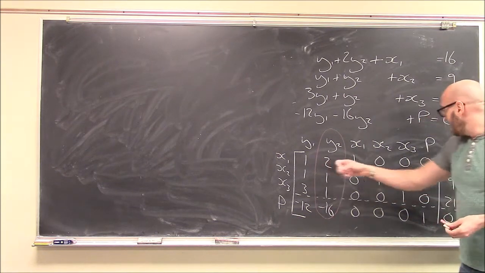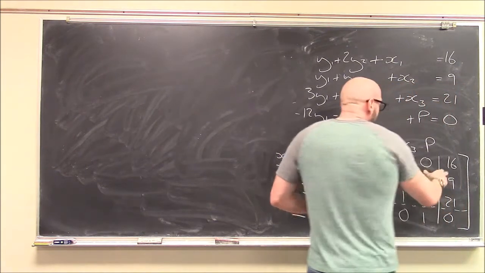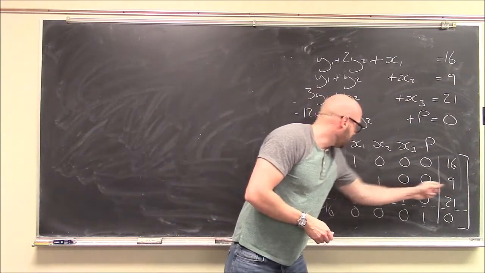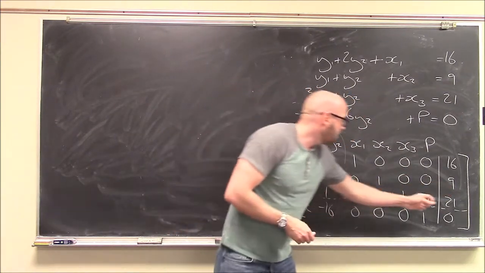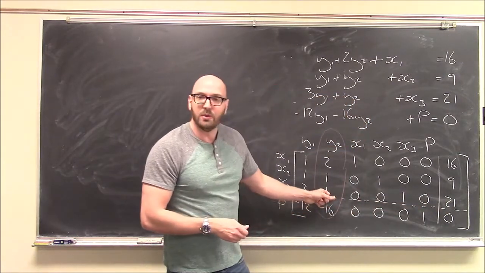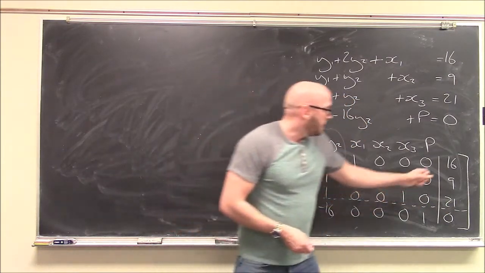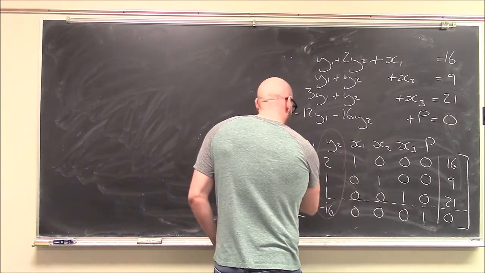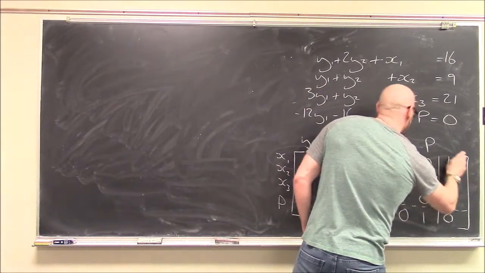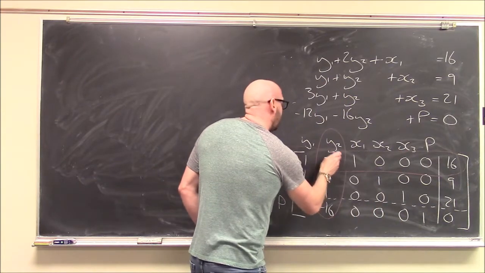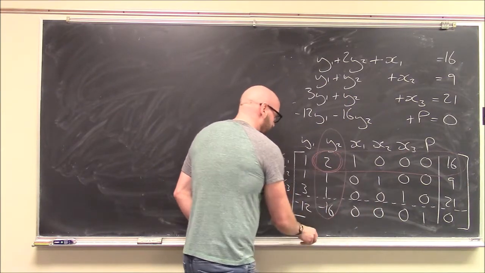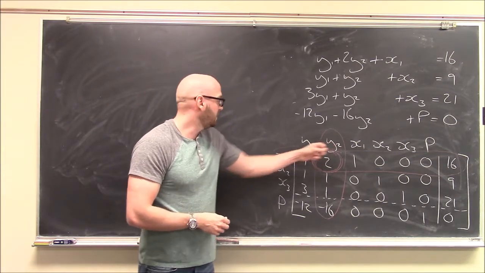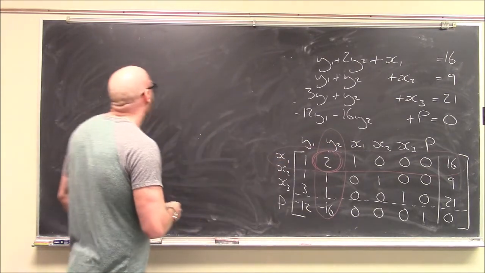I'm not going to write them down because I'm running out of space here, but 16 over 2 is 8, 9 over 1 is 9, 21 over 1 is 21. The smallest value we found was 8, 16 over 2. So here is my pivot row, and that means 2 is my pivot entry. I've also got my entering variable y2, my exiting variable x1.